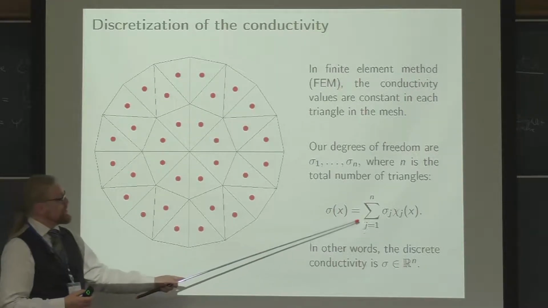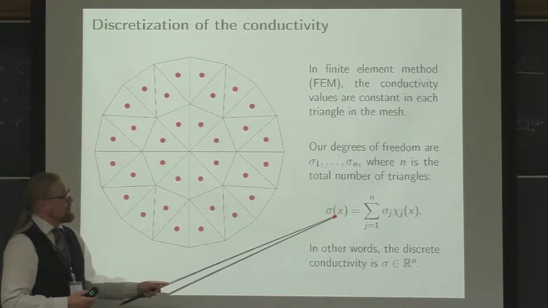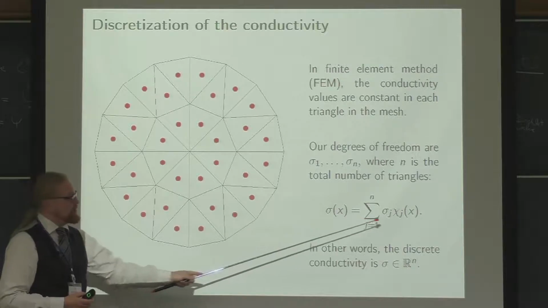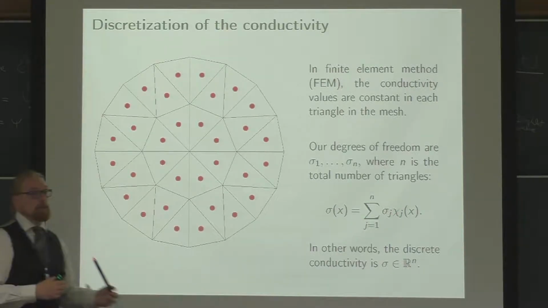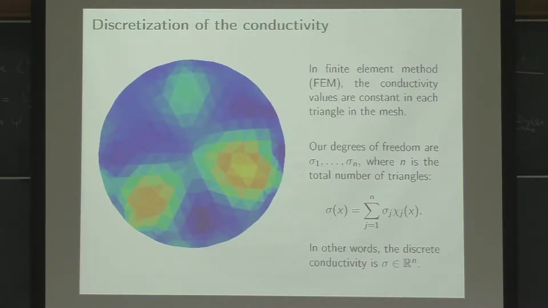So our number of triangles is n, and we have this kind of piecewise constant approximation where chi_k is the characteristic function of a triangle. So this is the discrete conductivity, looking maybe something like this, like in the software package that Janne will show later today. This is the mesh that's used there, so not a very fine mesh, to make the computation really quick.